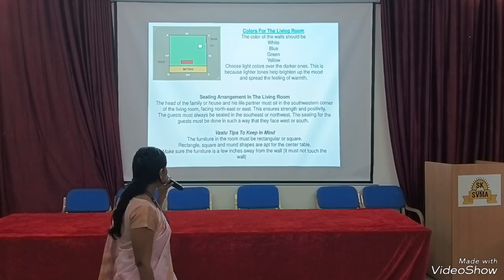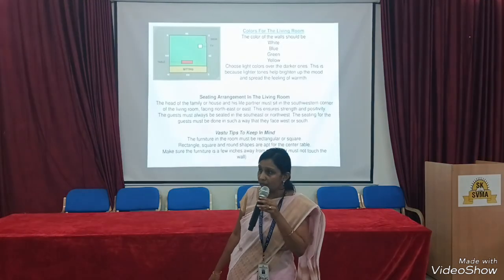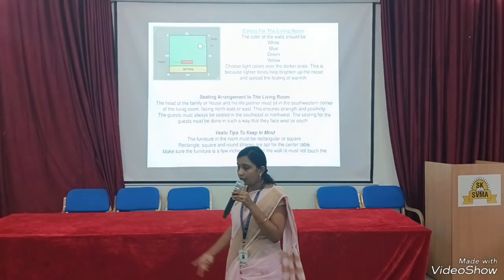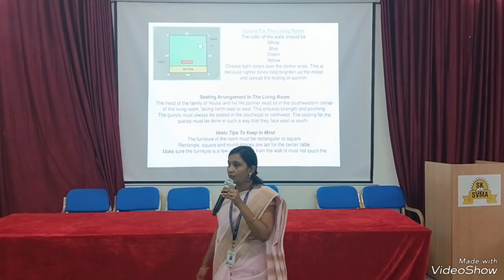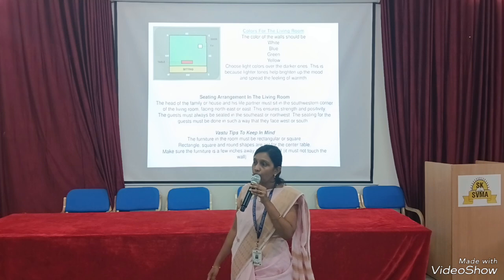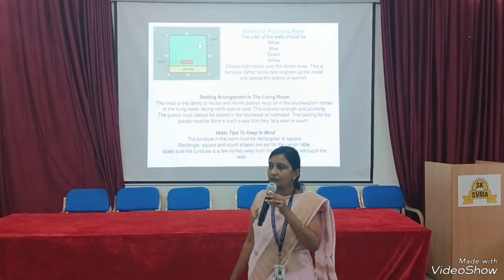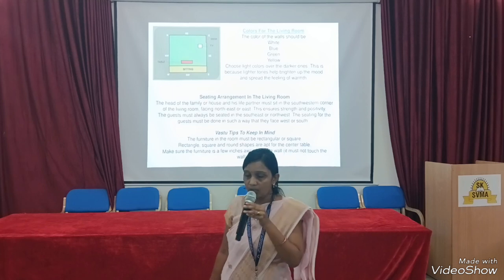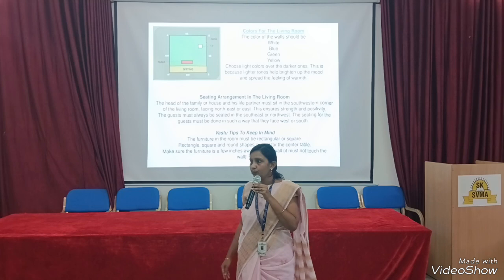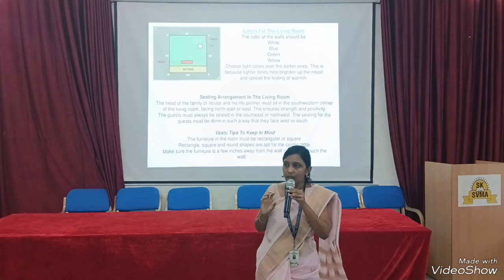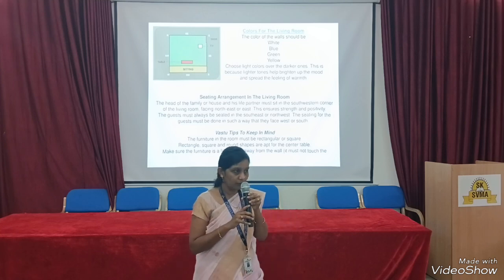And next, the sitting arrangement, where you need to sit. Another thing advisable is that the furniture, especially sofa and cot, should be either in a rectangular shape or a square shape. Round shape is the last option. Then the table also: the best one is rectangular, otherwise square.